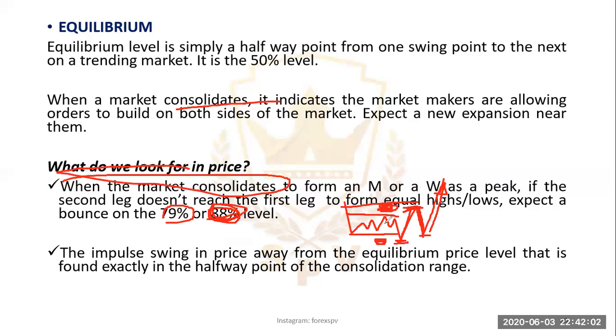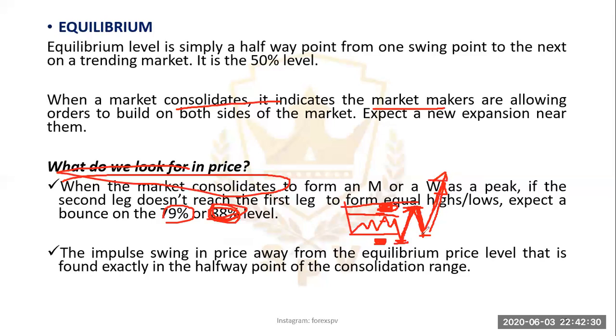When I say the stop orders, I talk of the ones that have entered sells and put their stop losses here, buys and put their stop losses here. So orders are building on both sides. Market makers are allowing this. And eventually, market makers would go and fetch the liquidity and a new expansion will be seen.